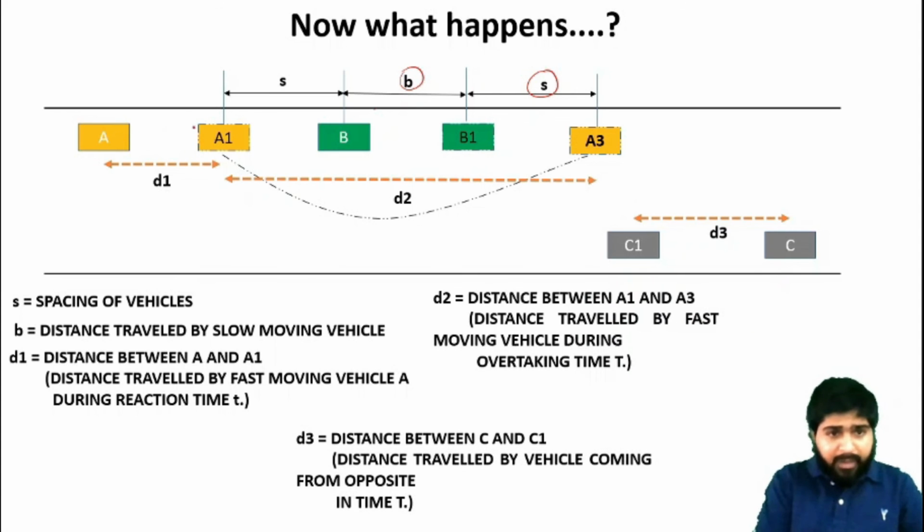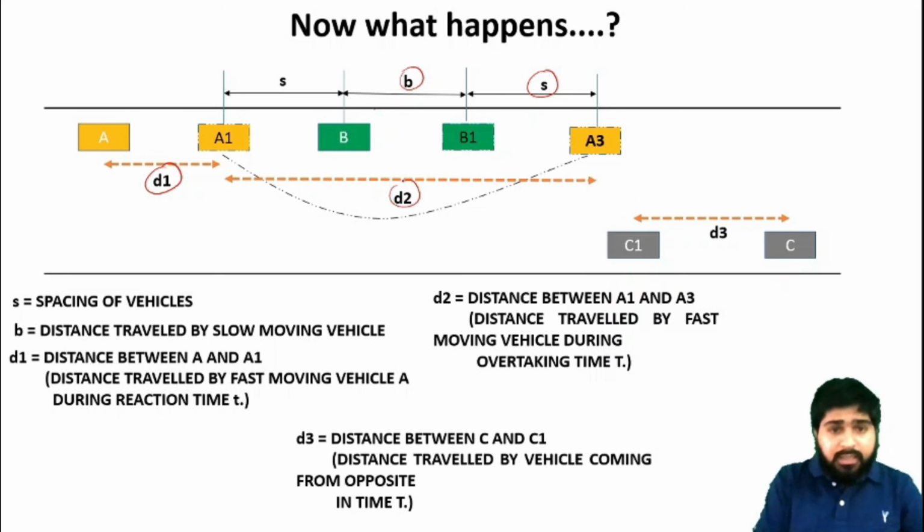Now the distance between A and A1 is called as D1. D1 means distance between A and A1, means the distance traveled by the fast moving vehicle during his reaction time, because he was thinking at that time.